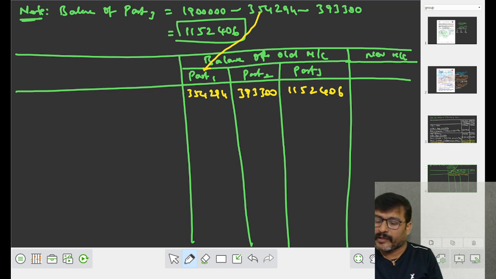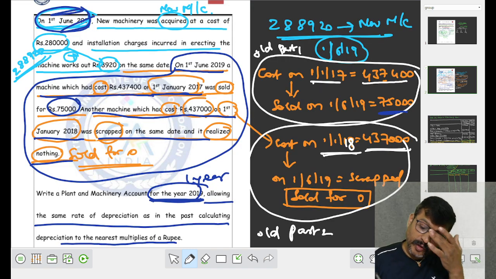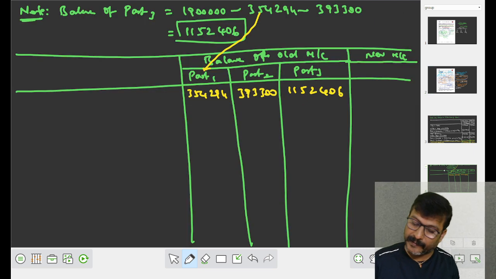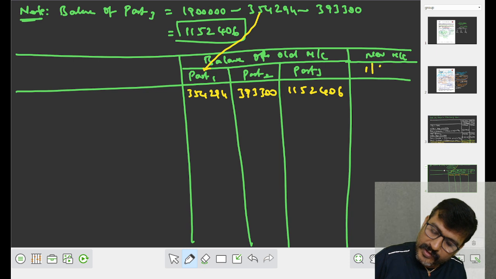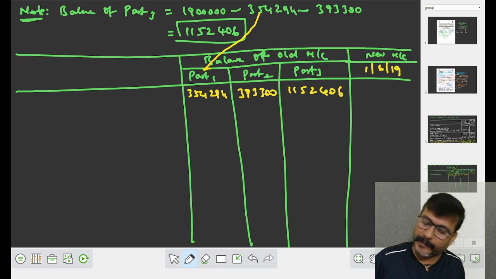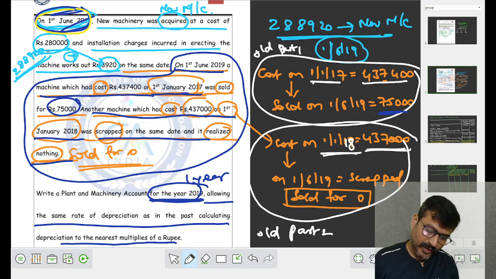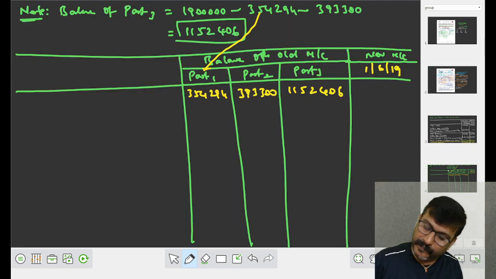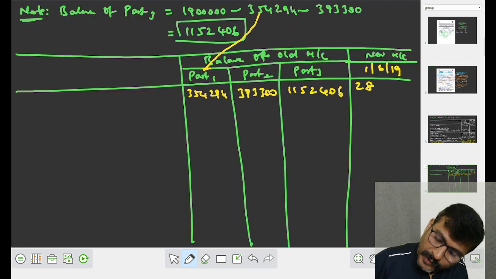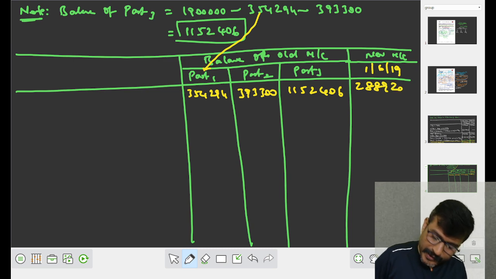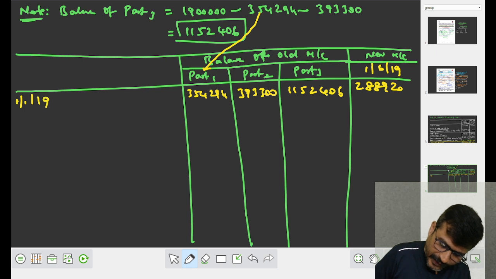This is a new machine. When was the new machine purchased? New machinery was purchased on 1st June 2019, for an amount of rupees how much? The new machine is purchased 2,80,000 plus installation charges 2,88,920. All this happened when? 1st January 19. Let me write the balance.